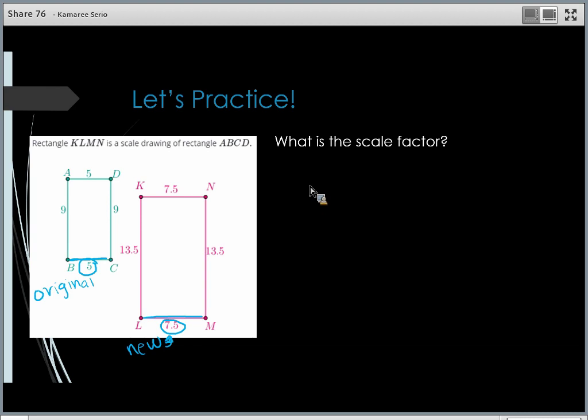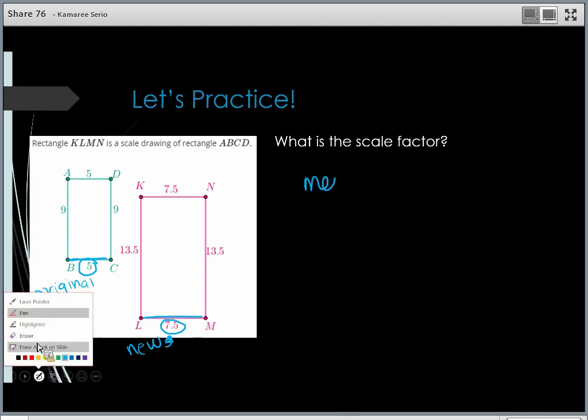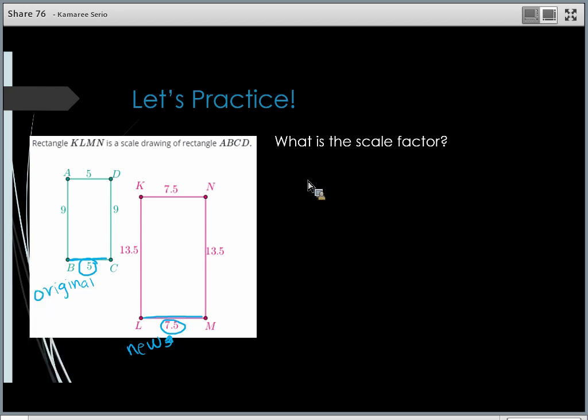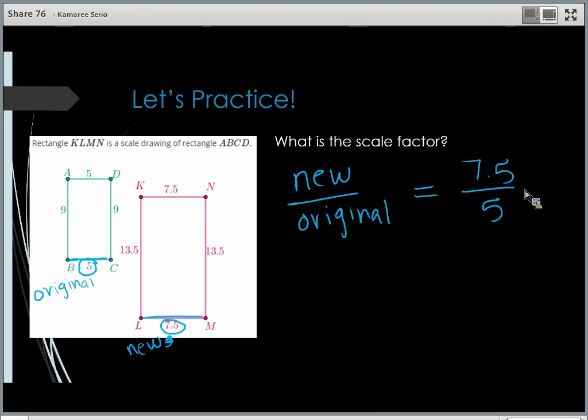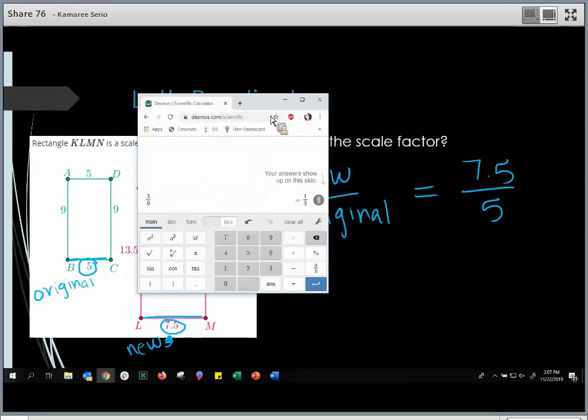So I'm going to put the new number, my new image, over my original. So that means I have 7.5 over 5. Now let's see if this simplifies to anything.